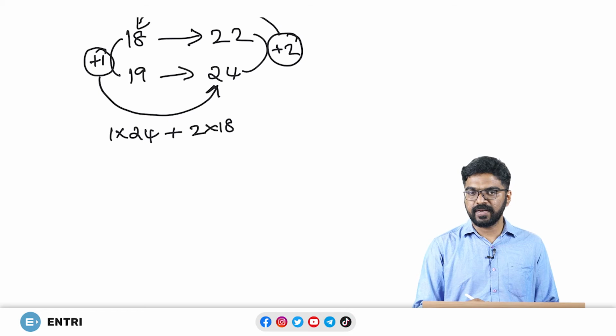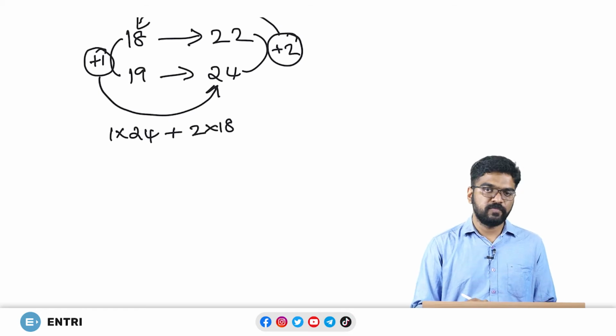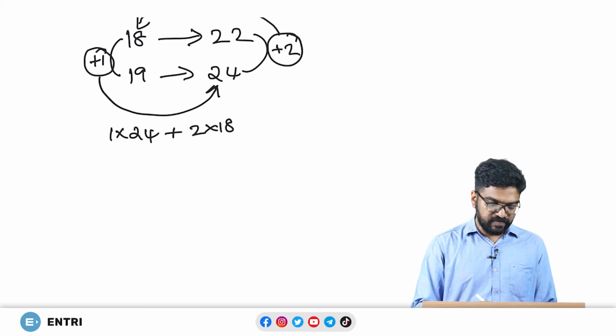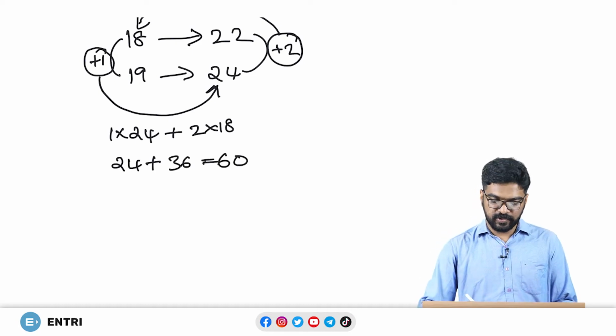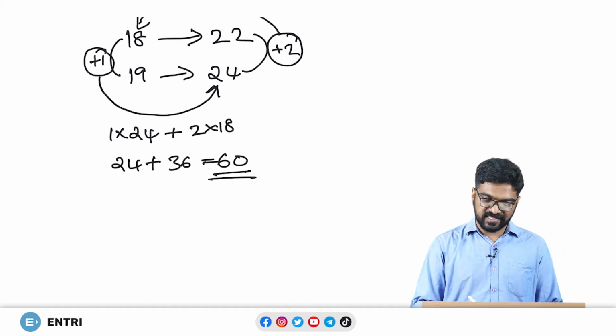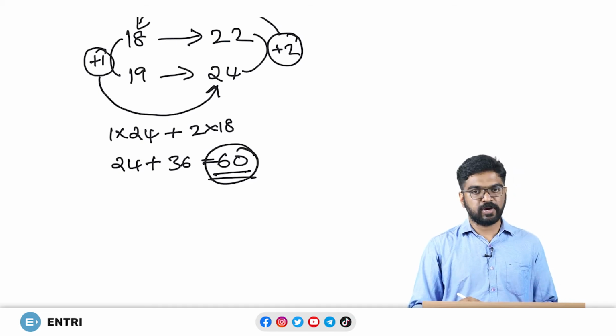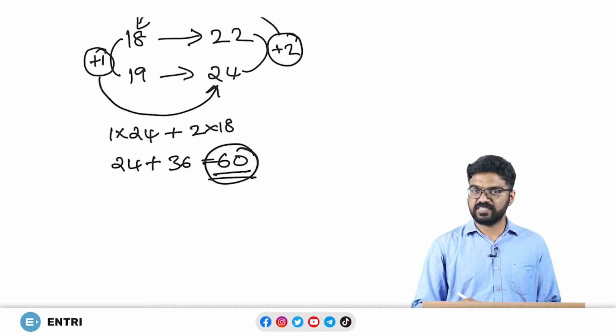This is what we obtained earlier also. That is why I showed you that particular expression. So we have 24 plus 36, which is equal to 60. So this is the age of the newly joined person. The extra person who joined is of the age of 60.